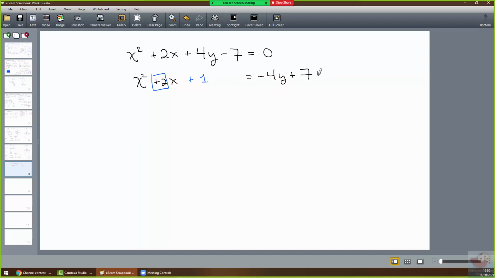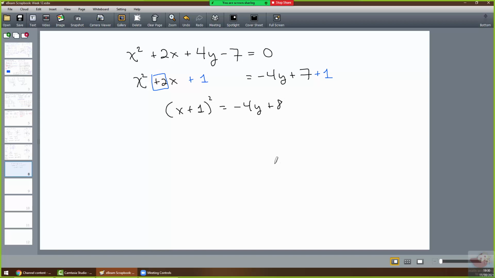So we're going to add 1 to both sides. The left-hand side is x squared plus 2x plus 1, which factors as x plus 1 quantity squared. The right-hand side is negative 4y plus 8.